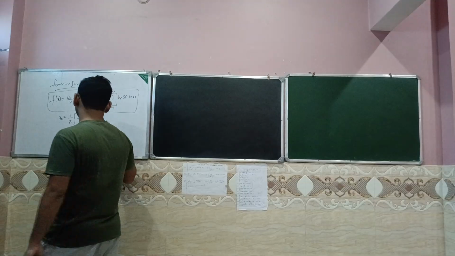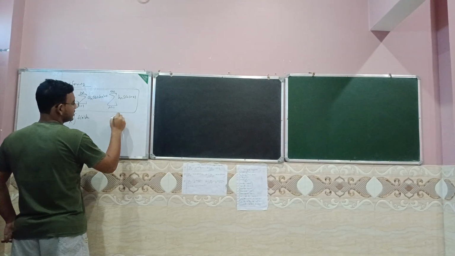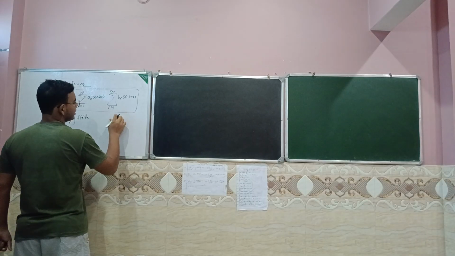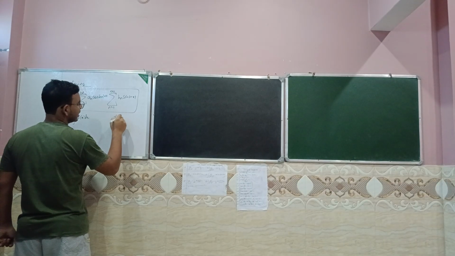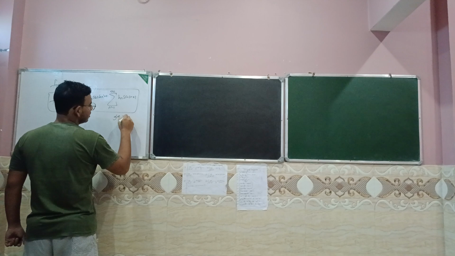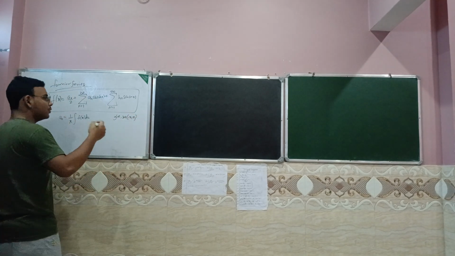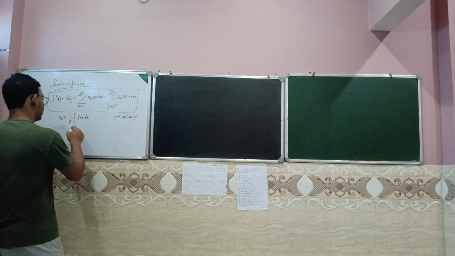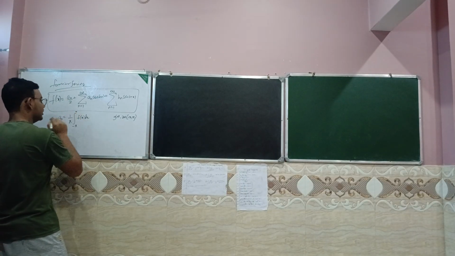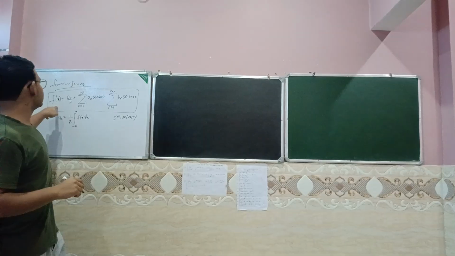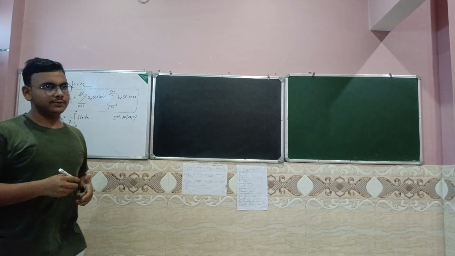Say I have a function g of x, and this function belongs to negative pi to pi. Then you are going to evaluate this integral from negative pi to pi, right? The bounds depend on the function.